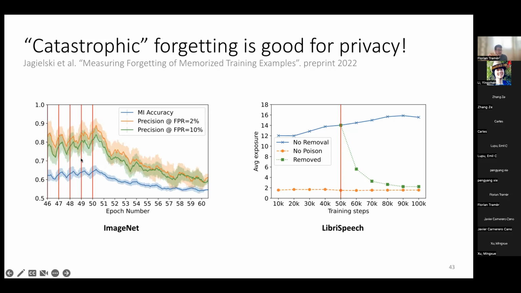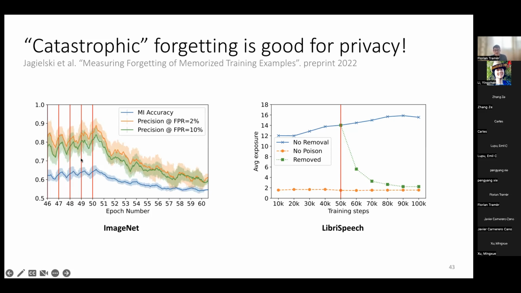What you can see is that as soon as the model sees the example, the membership inference accuracy spikes up, because the model memorizes the example, and then over time the accuracy drops again. At epoch 50, we remove this example from the training set and continue training for 10 epochs. We see that the membership inference goes down quite quickly, nearly to chance.